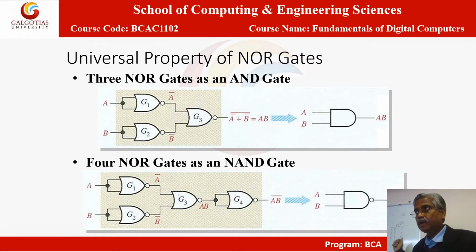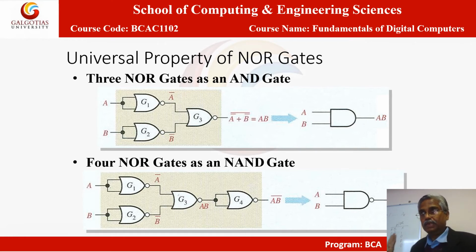Okay. Now the third case, if 1 0 is entered from A and B, then it will again work like the previous one. 1 0 will become 0 1, and when 0 1 passes through G3, it will again become 0.